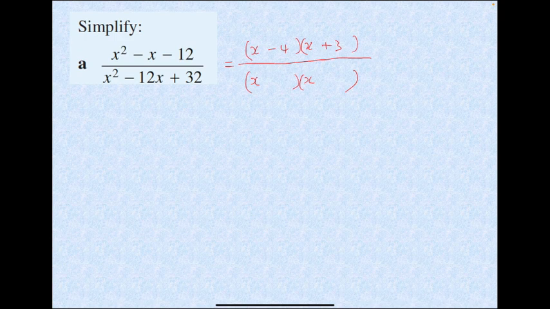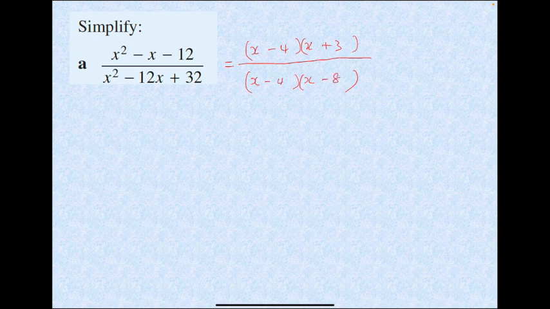What can I do? For 32, I would think the factors would be 4 and 8. You know why? When you're asked to simplify, generally the numerator will have one binomial expression the same as the denominator. So there should be an x minus 4 and x minus 8.